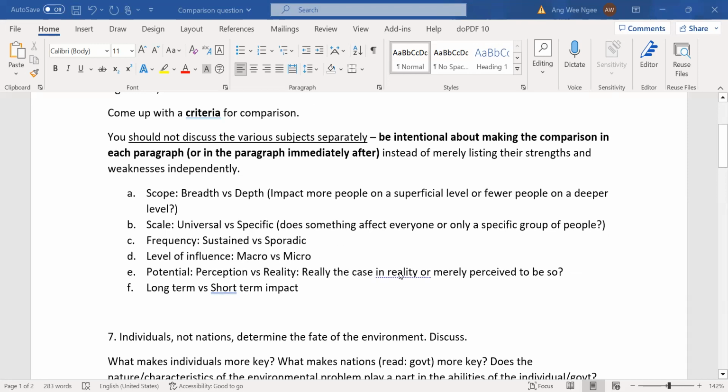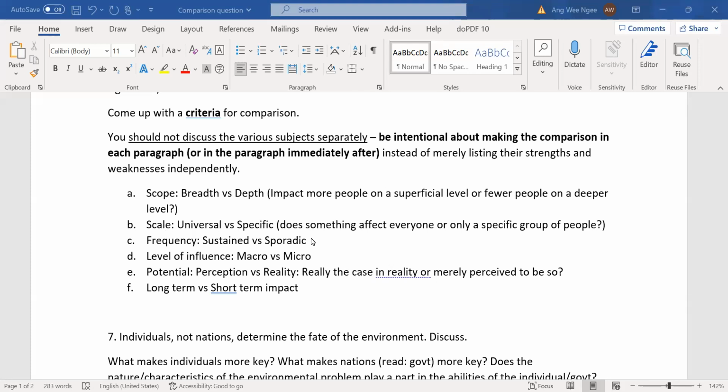So how do we start to think about comparison in terms of criteria, right? So you can start to think about breadth and depth. Does the subject impact more people on a superficial level or fewer people on a deeper level, right? In terms of scale and frequency, we talk about scale first.